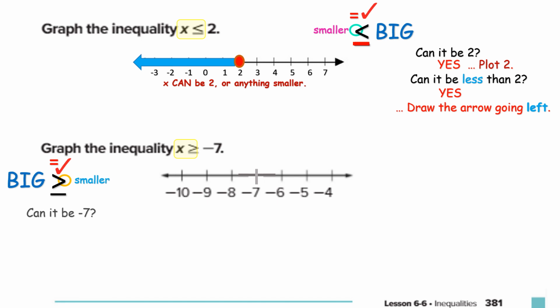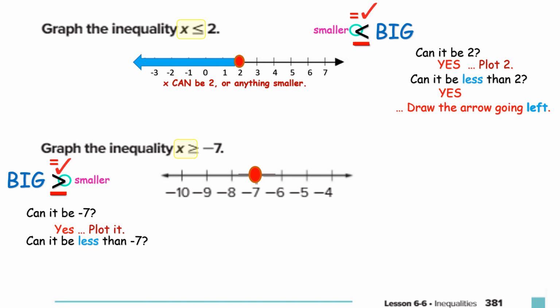So I'm going to follow my setup and I'm going to go through my questions. I'm dealing with -7. Can it be -7? Well, that answer once again is yes, because it is underlined. So if it's underlined and it can be -7, I'm going to plot it. I'm going to put my circle there and I'm going to fill it in. And then I'm going to ask, can it possibly be smaller? Well, it can't be smaller, right?